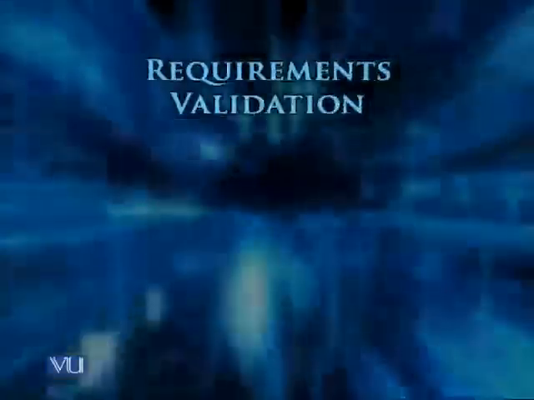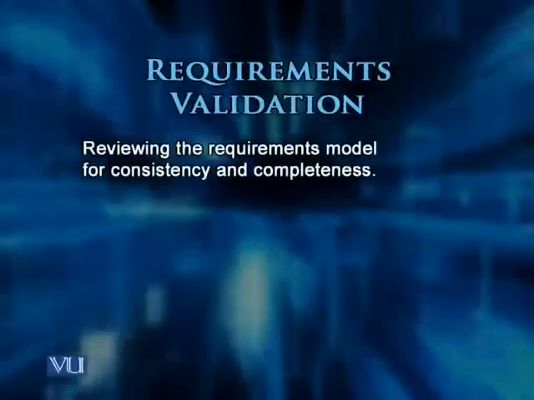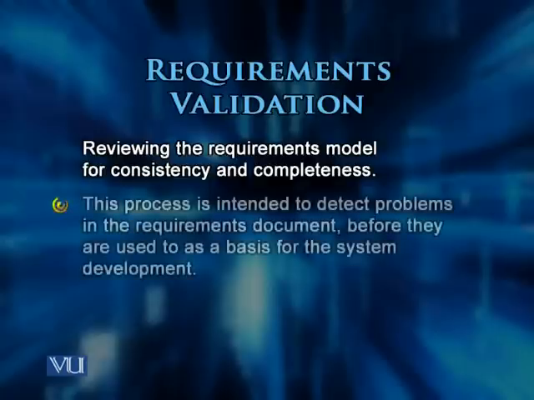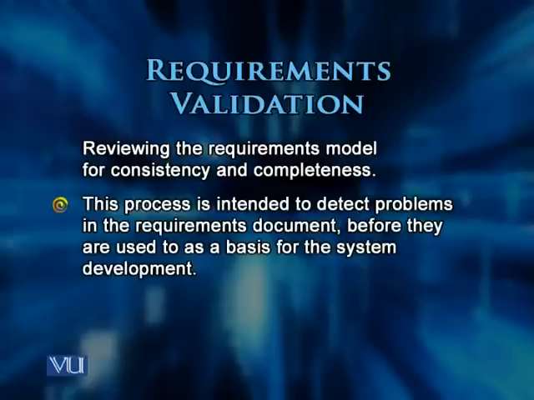The fourth major process that you saw on the screen was requirements validation. It involves reviewing the requirements model for consistency and completeness. Here we have direct quality assurance. This process is intended to detect problems in the requirements document before they are used as a basis for the development of the software system.